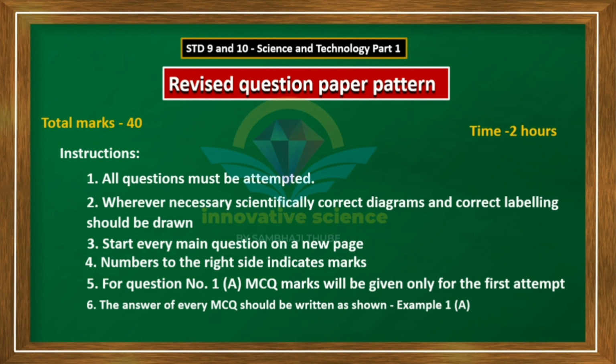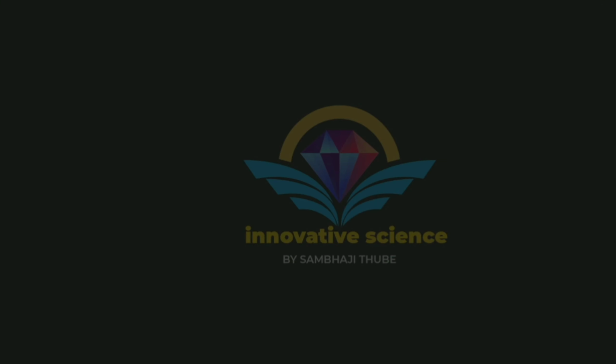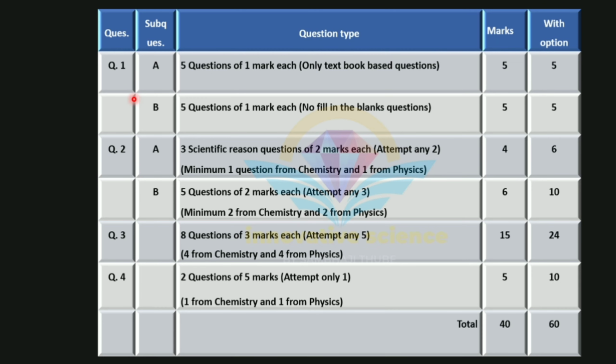After this, let's understand the structure of every question. In this, question number 1A has 5 questions consisting of 5 marks.